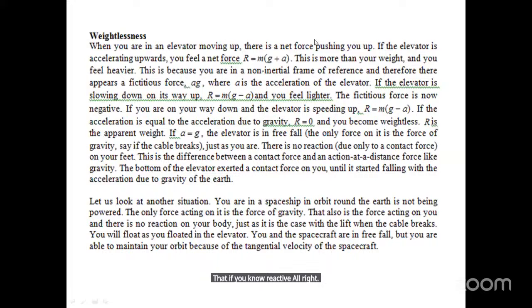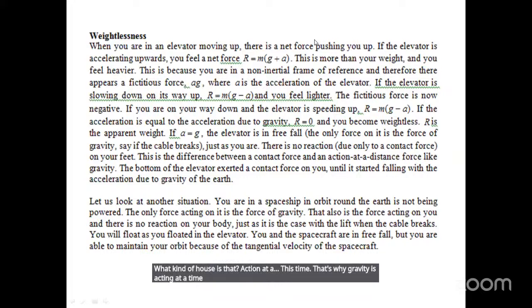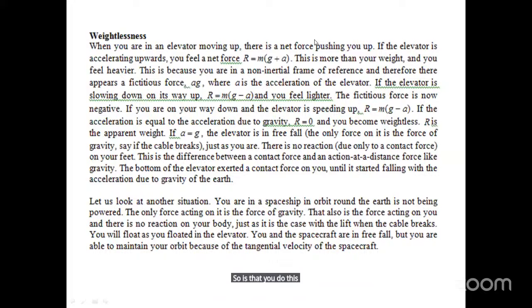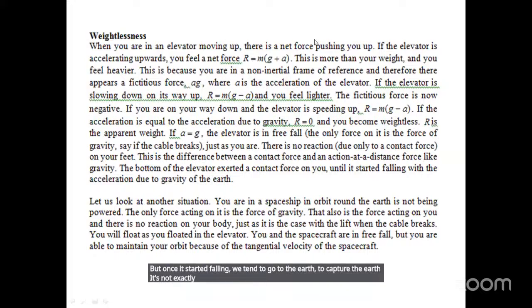What kind of force is that? Action at a distance. That's why gravity is action at a distance. So when the elevator is not yet falling at G, the bottom of the elevator exerts a contact force on you. But once it started falling with the acceleration due to the gravity of the earth, it stopped exerting on you. So no force on you anymore.